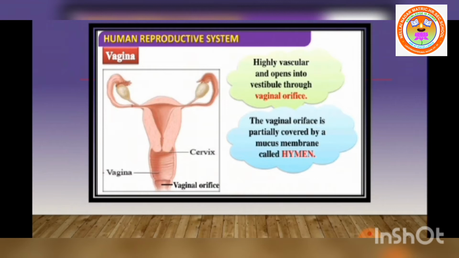It can be stretched or torn due to a sudden fall or jolt, and also during strenuous physical activities such as cycling, horseback riding, etc., and therefore cannot be considered as an indicator of the woman's virginity.